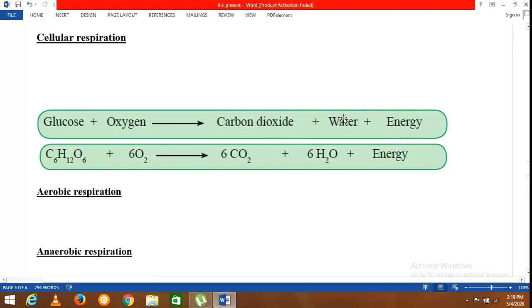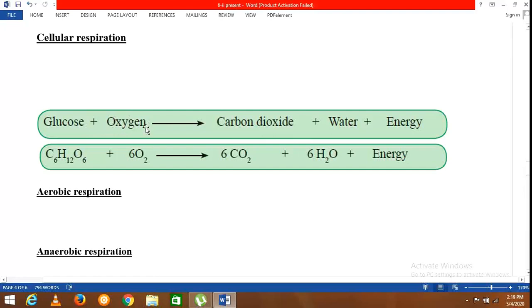So for you to remember, you can just think of the photosynthesis reaction. This is the opposite of it. During photosynthesis, we make use of carbon dioxide. The green plants make use of carbon dioxide and water in the presence of light energy and chlorophyll. Then glucose becomes the main product there, releasing oxygen as a byproduct.